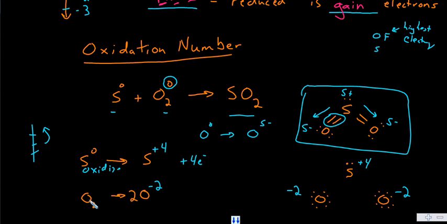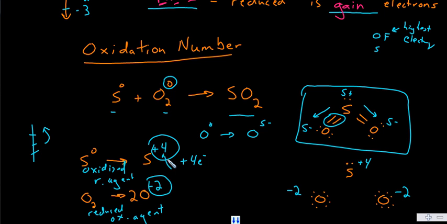And oxygen was reduced, therefore, because if something's oxidized, you know the other thing is reduced. If sulfur is oxidized, it's a reducing agent, and if oxygen is reduced, we know it's an oxidizing agent. And so we write these numbers here. We don't mean charge here because there are no ionic charges. We'll just pretend that it's kind of like charge. We'll call it oxidation number.